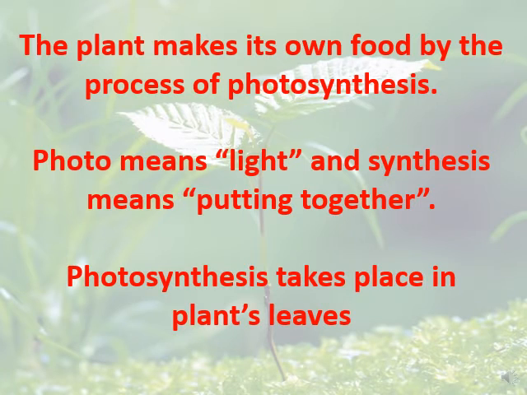So here, some notes about photosynthesis. The plant makes its own food, as we said, by photosynthesis. Photo means light, so it occurs only during the day and not during the night. Synthesis means putting together or production. Photosynthesis takes place at the level of the leaves.